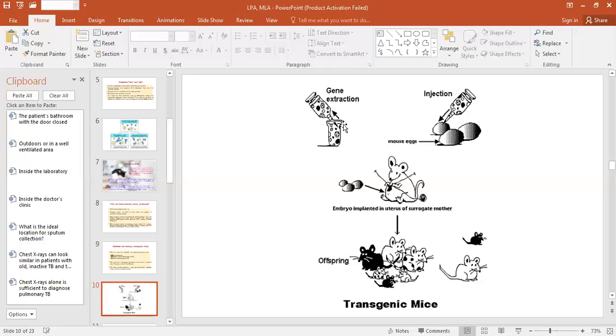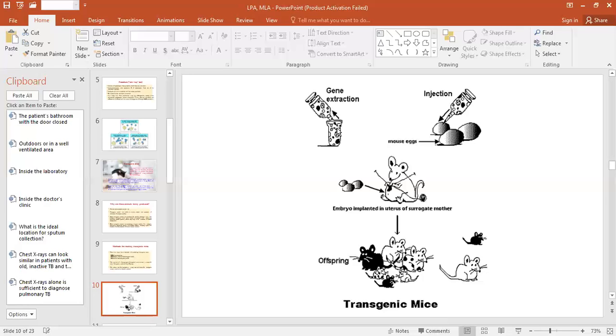When DNA is introduced into embryonic stem cells, it usually integrates randomly into the genome, but if it has a similar structure to an existing part of the genome, it can be recognized so that it undergoes homologous recombination, and a single copy becomes integrated into the genome at a specific location. These embryonic cells then need to grow and are injected into a host embryo, becoming part of the mouse which grows from that embryo.